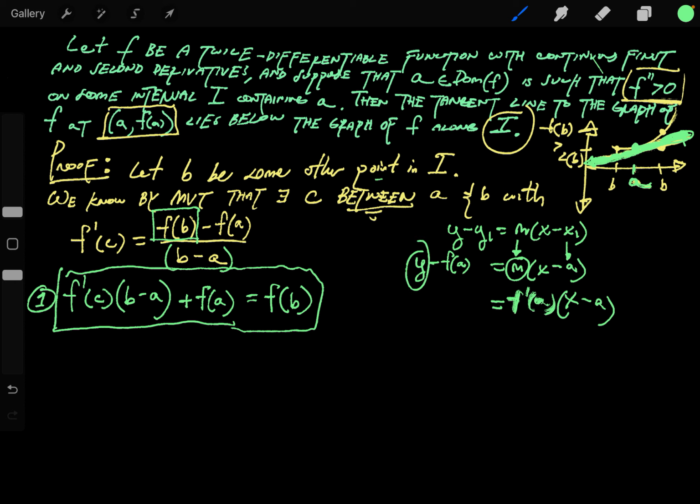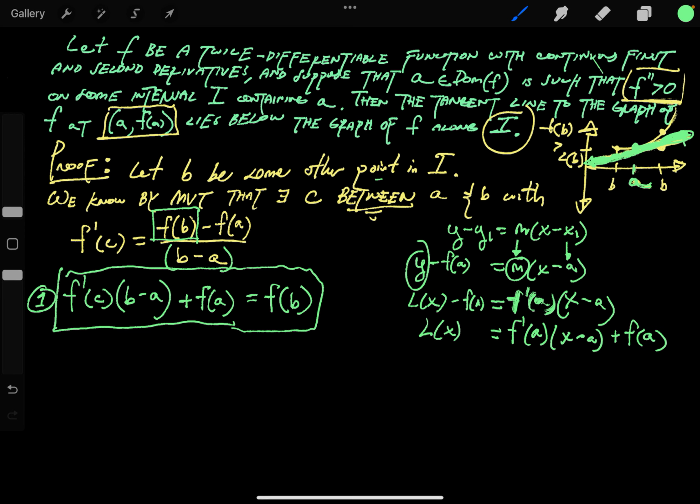And then this I'm just going to call L of x. I could write it as a function. L of x is the tangent line at a comma f of a, plus f of a.